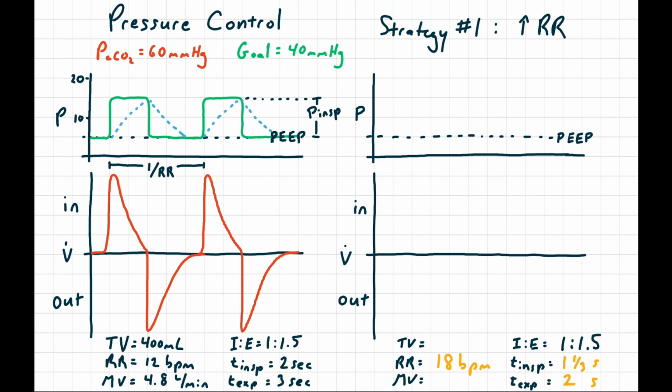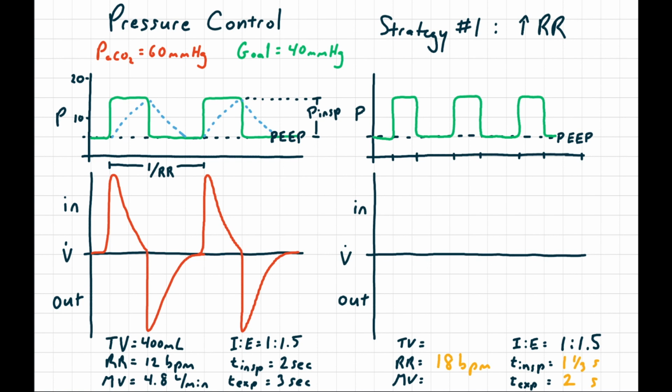Let's go ahead and draw what this will look like by marking out the inspiratory and expiratory times on the pressure time graph horizontal axis. We know exactly what the ventilator will do with the circuit pressure in pressure control mode. During the inspiratory phase, the circuit pressure will be up at the inspiratory pressure, and during expiration, it will be down at PEEP. So what is the pulmonary pressure going to do?